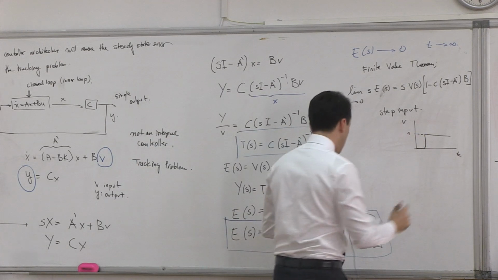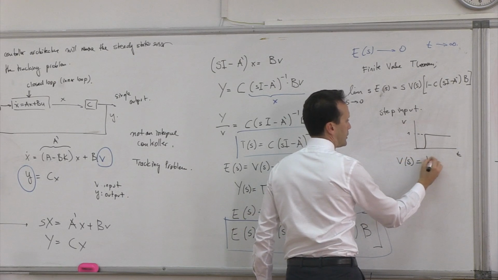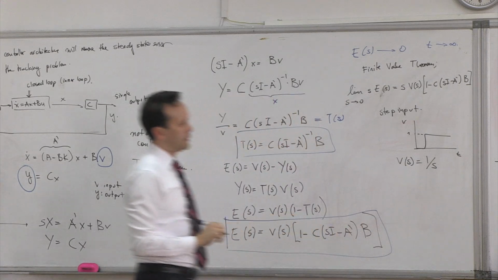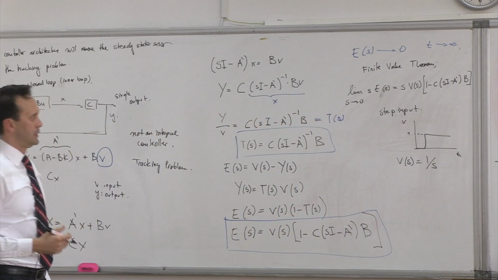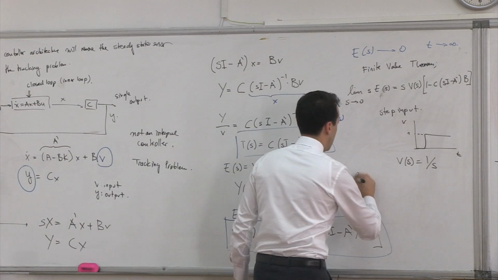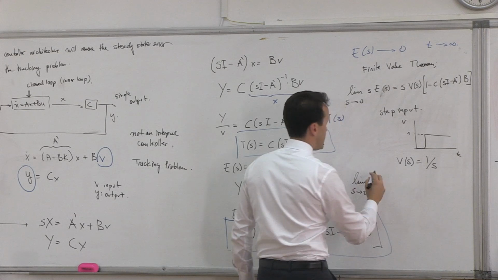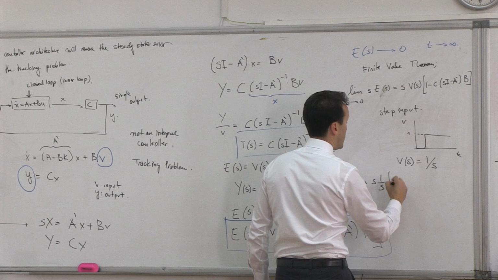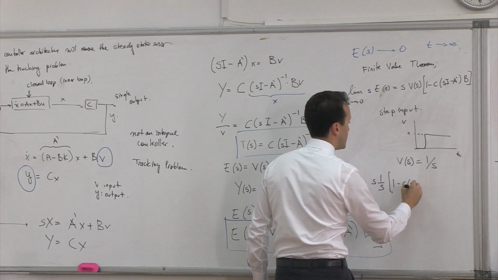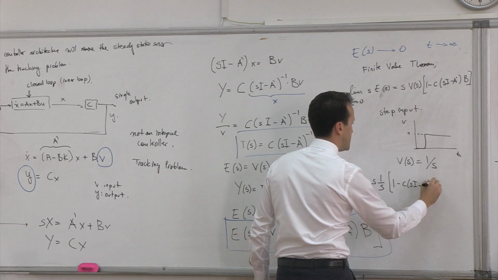If this is your step input, then V of S will become 1 over S, something you probably have done often in system dynamics. And the limit as S goes to 0 is S times 1 over S times 1 minus C (SI minus A prime) inverse B.